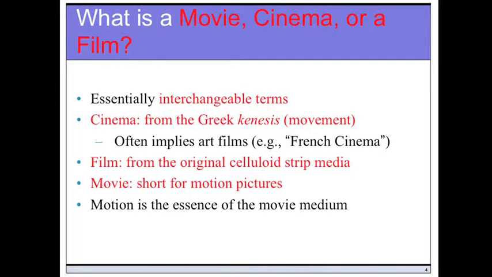So I'll have an example of that to show you in class. But film also means an artistic movie, or just a movie in general. And then movie is short for motion picture or moving images. And so that's how they got the word movie. And all three of those are interchangeable.